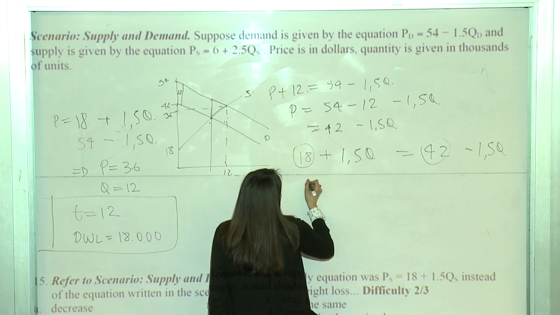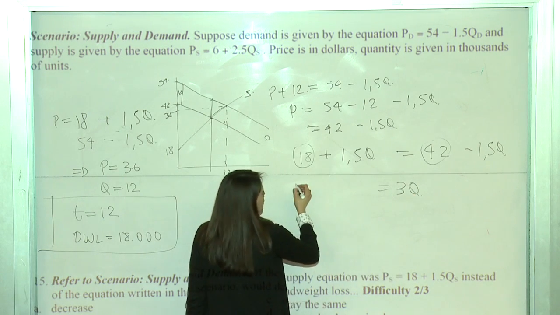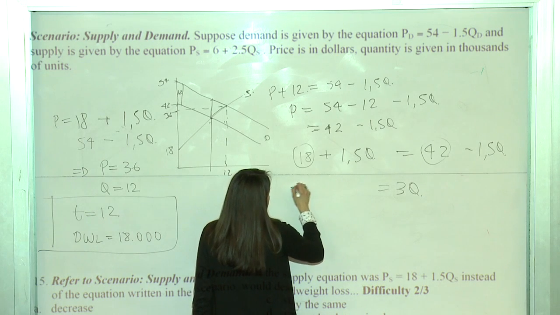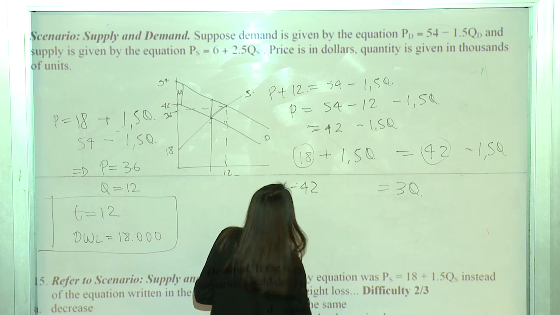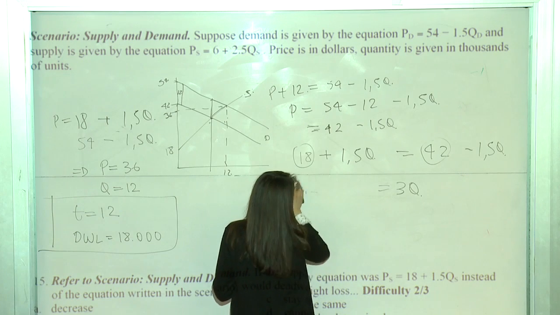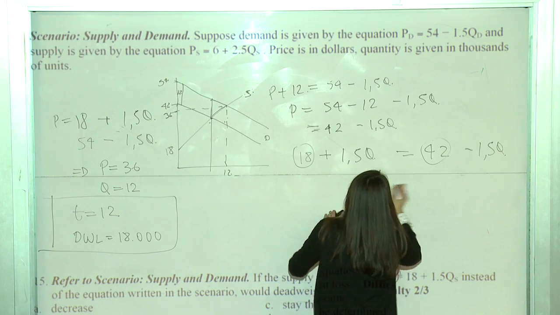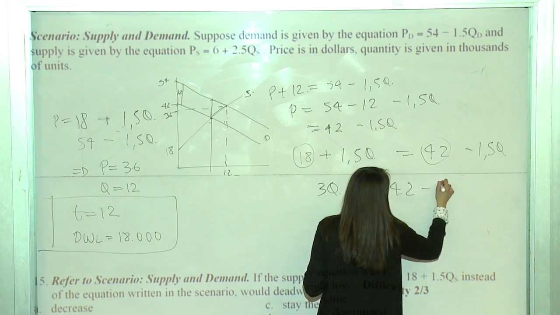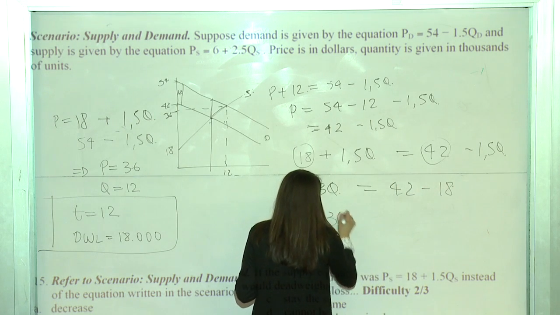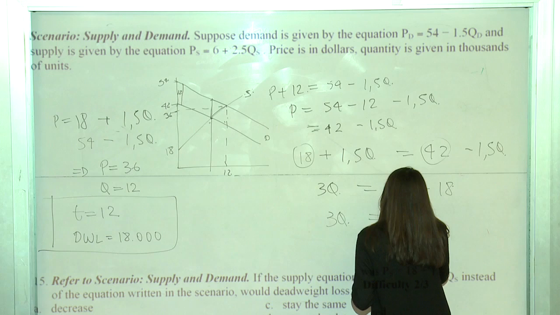Okay, quantity cannot be increasing with a tax, so I was making a mistake. 42 minus 18 is 24, okay.